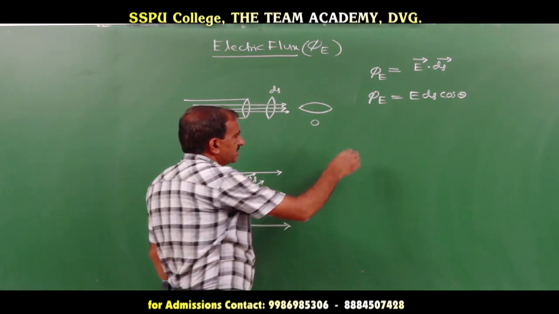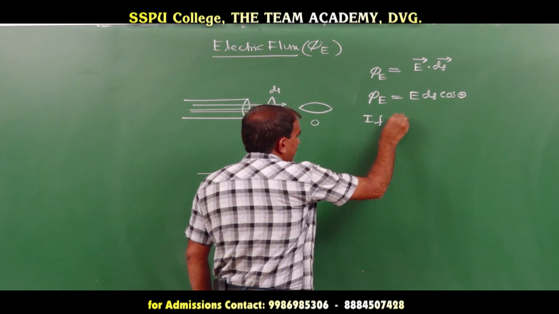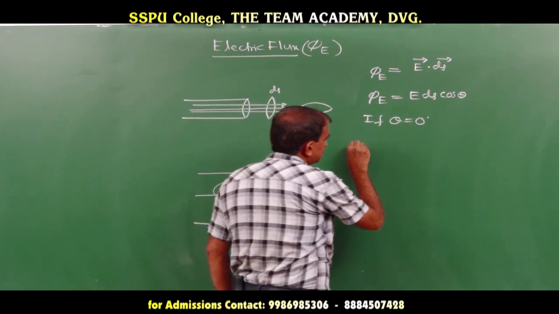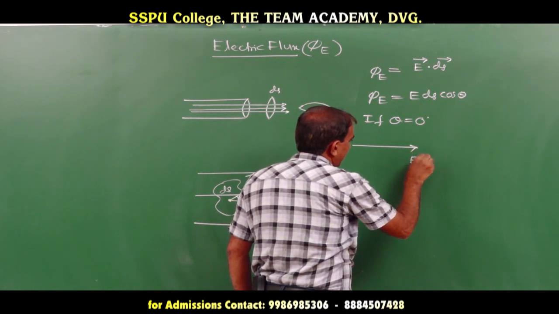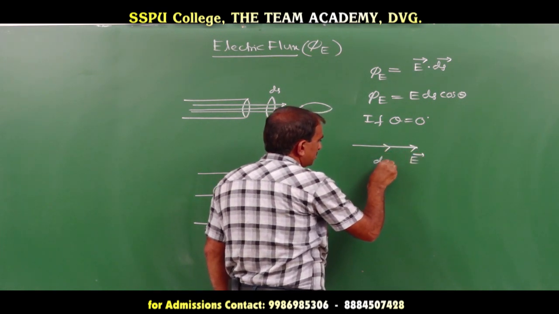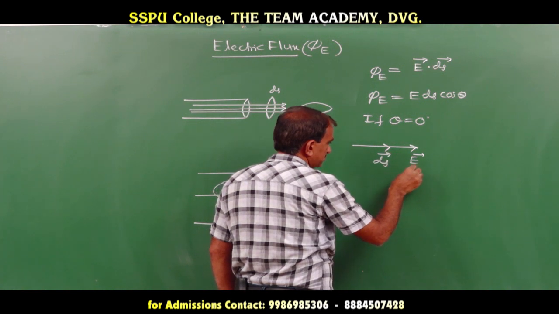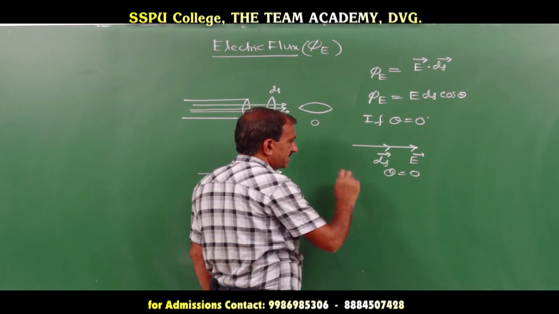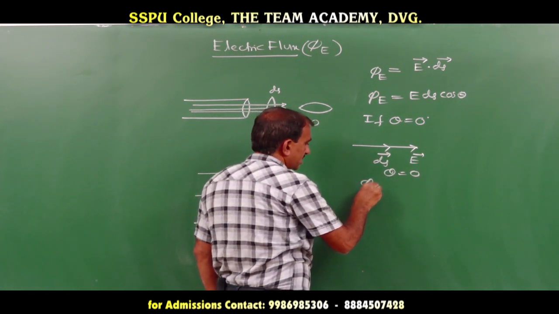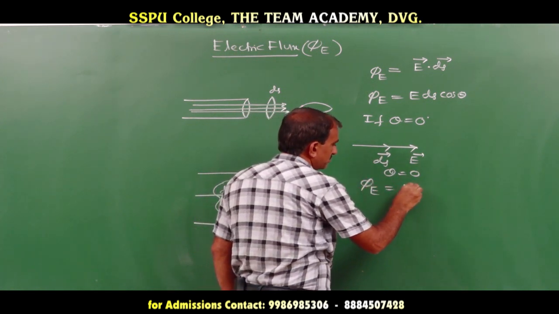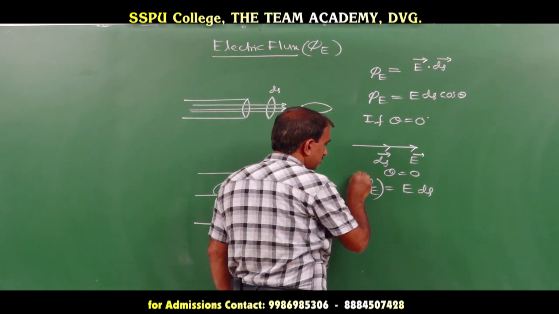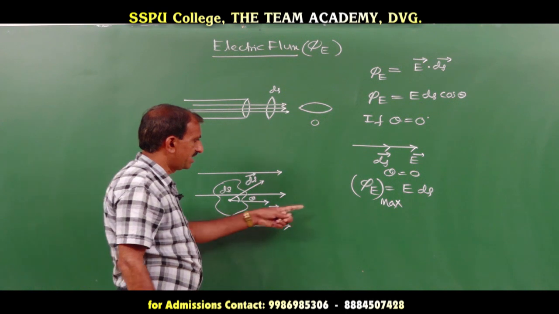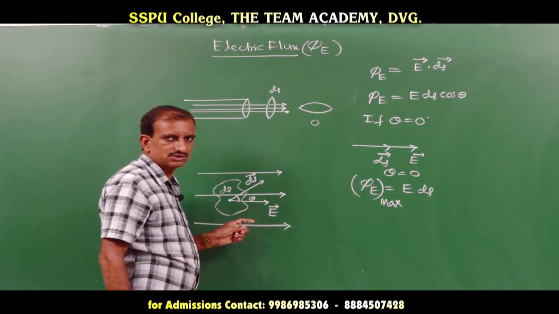If theta equals 0 degree, that is, the electric field line and the area vector act along the same direction and along the same line, then the electric flux phi E is equal to E ds. Therefore, the flux through the surface will be maximum when theta equals 0.